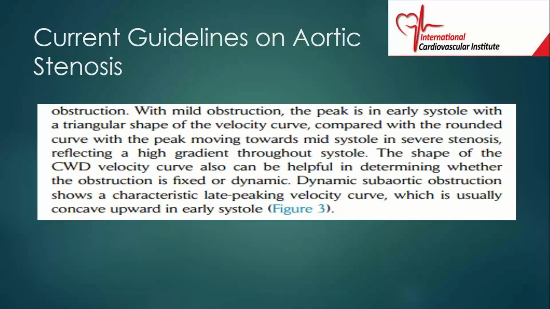The shape of the velocity curve can also be helpful in determining whether the obstruction is fixed or dynamic. So again, with subaortic obstruction that's dynamic, you get a late peak in the velocity curve, which is usually concave upwards.